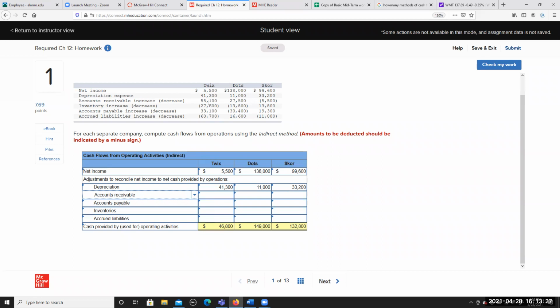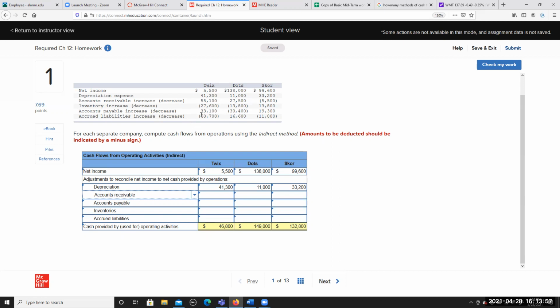Now, it's hard to relate that to receivables, but let's take inventory. Here, inventory went down, up. So think about it. You convert inventory. So if inventory went down, hopefully you sold it for cash. Now here, inventory went up. So what happened to your money if inventory went up? Cash went down because you used it to buy inventory. So generally, if assets go up, cash goes down. If inventory goes down, cash goes up.